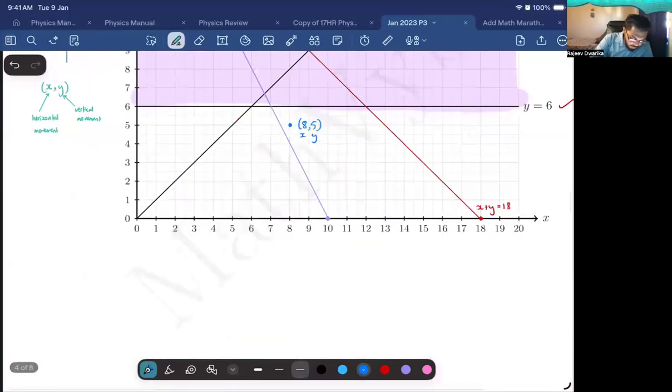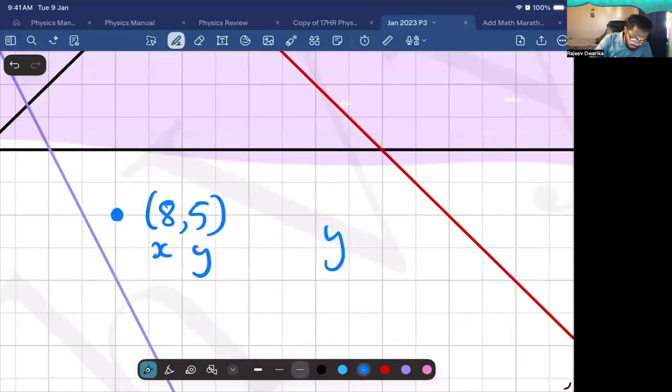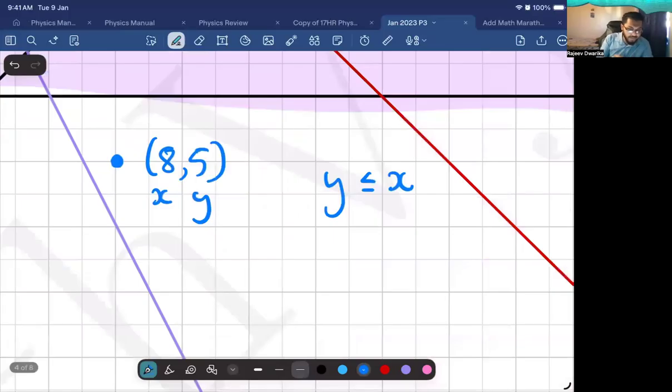Right. So let me write that down. y has to be less than or equal to x. Let's see if this satisfies the criteria. What is y over here? 5. And what is x? 8. Is 5 less than 8? Yes.